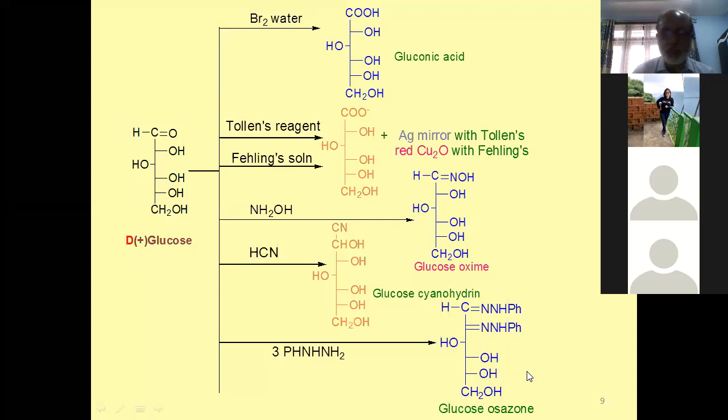So this is osazone. Now you tell me, I've got another reaction, that is acetic anhydride. Which functional group will react with acetic anhydride and sodium acetate? Anybody? Which functional group?